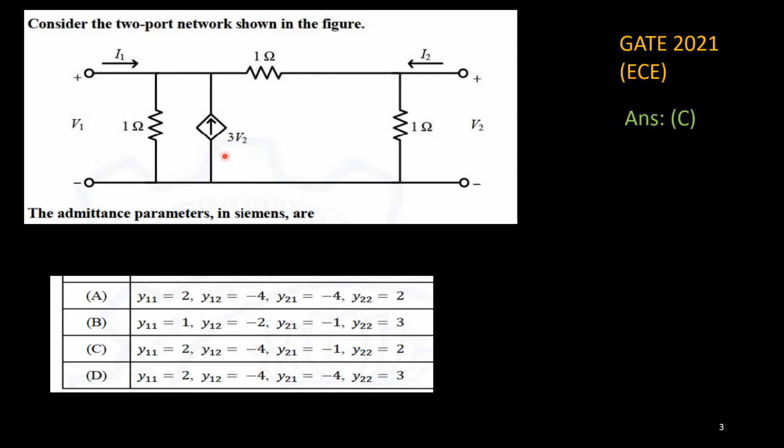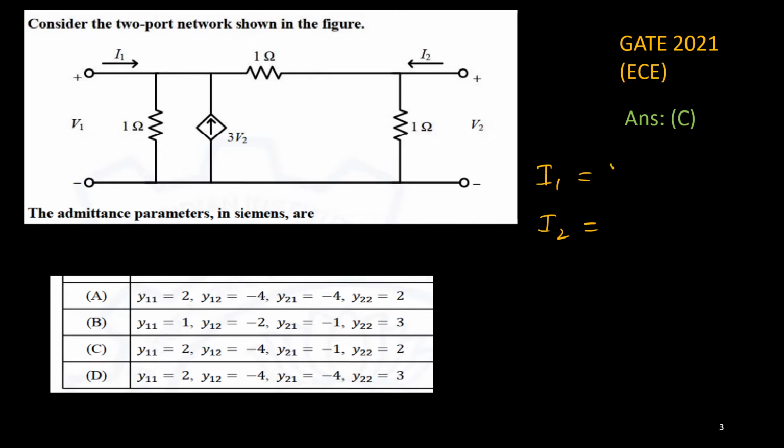So we need to find out the admittance parameters, the Y parameters, for this circuit. You know that for Y parameters we will express I1 and I2 in terms of V1 and V2.